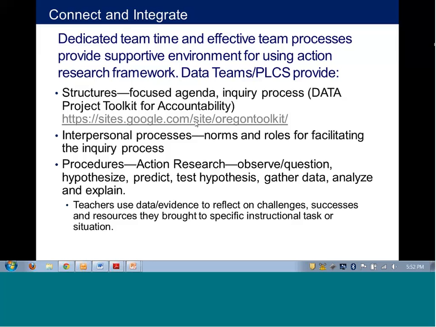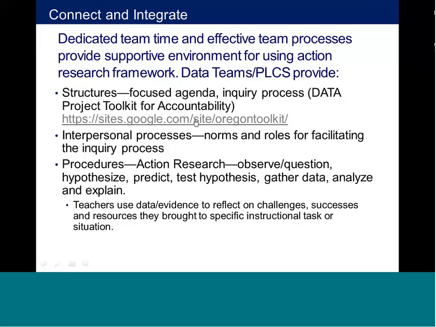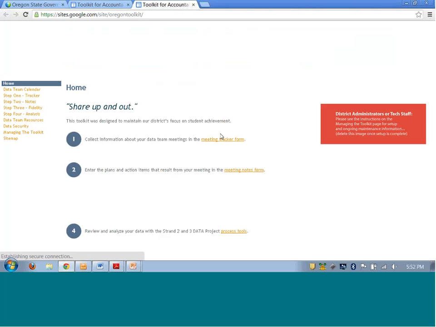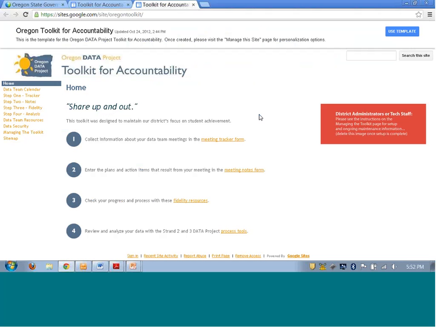And if you haven't forgotten, there is a toolkit that you can use, a very useful tool that not all states provide for their teams to use. It allows you to schedule and track teams' process and outcomes.